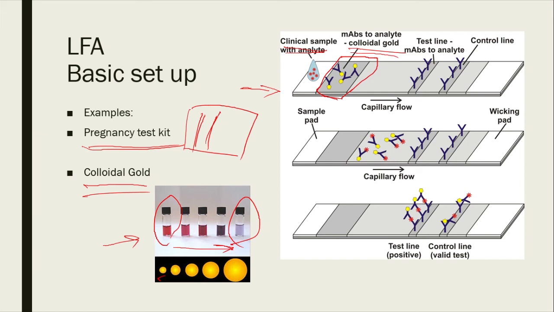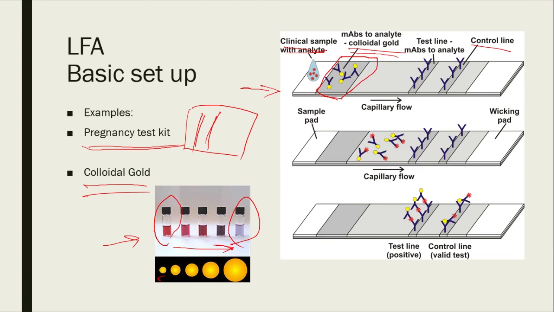Right, and then following along the line, there are two lines here. One is a control line, basically telling you if this assay is working or not, if this kit, if this strip is functional or not. That is a control line. And there's also a test line, usually at least one, it could be two depending on different tests.